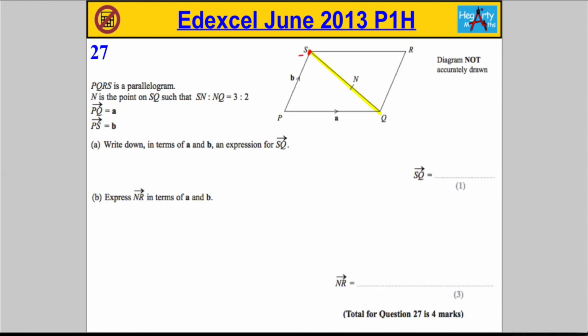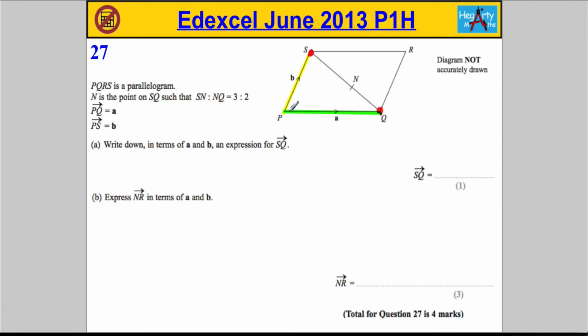So if I travel along this vector and then travel along this vector, that is the same as going from S to Q.